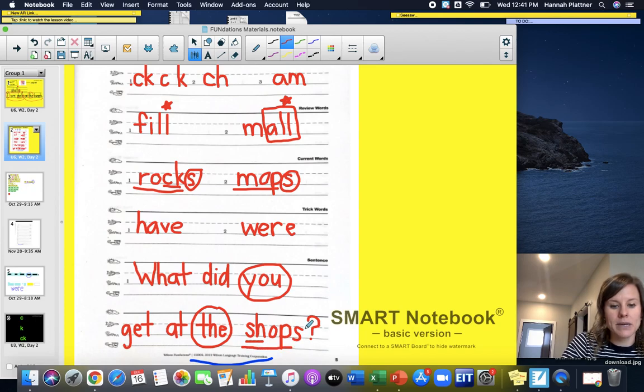I'm going to underline the base word and circle the suffix. And then I'm going to go ahead and scoop my sentence. What did you get at the shops? What did you get at the shops?